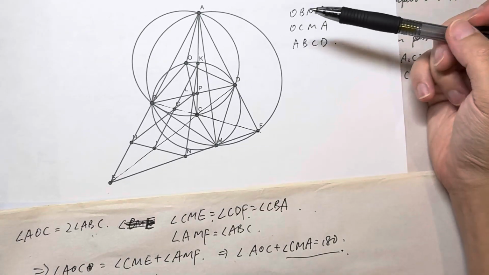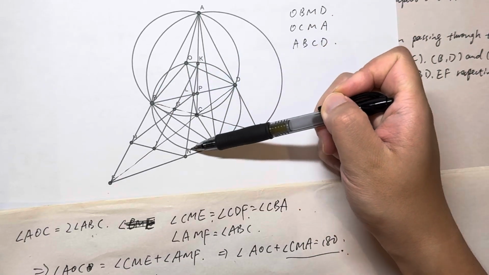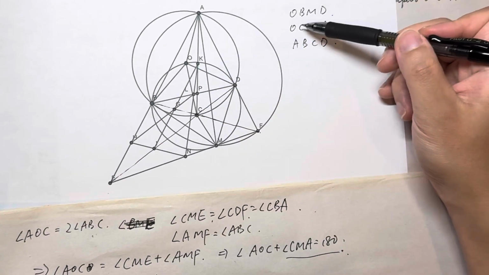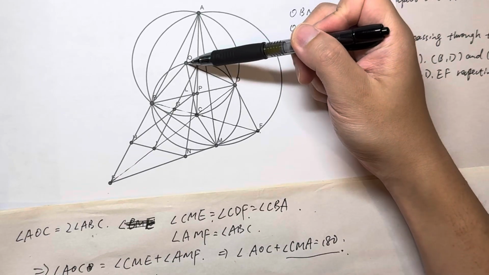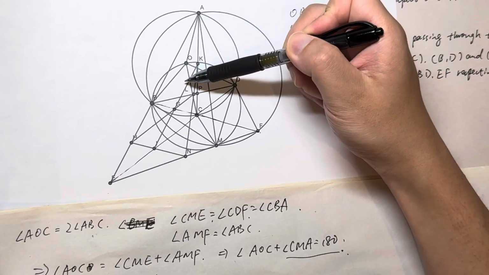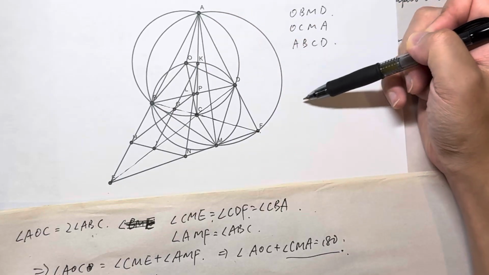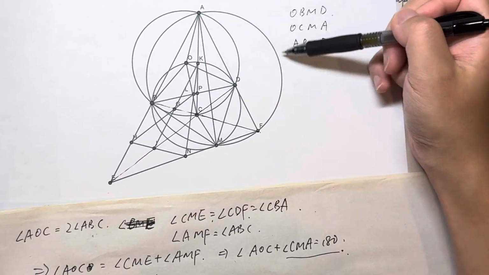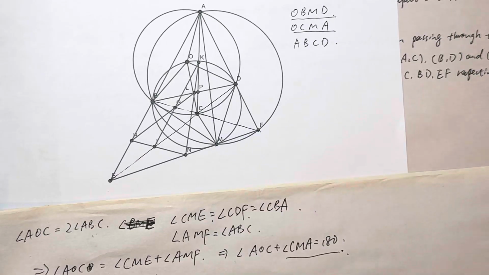If you look at the circle OBMD, which is this one, and the circle OCMA, which I didn't draw, but think about that. There is a circle OCMA here, right? And what is the common chord of the circle OBMD and OCMA?